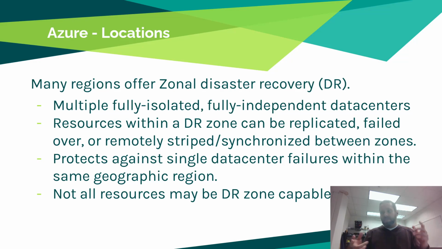My actual data that I'm storing on a hard disk, I can synchronize those bits from point A to point B. And I can remotely stripe them. I can synchronize them between the zones. I can use all three zones simultaneously. Whatever my particular disaster recovery method is, I'll be able to do within these zones.